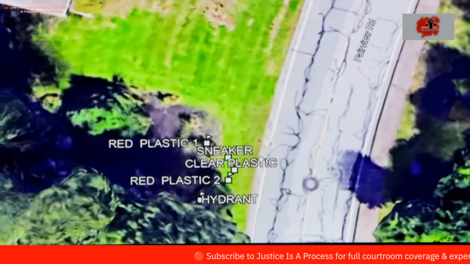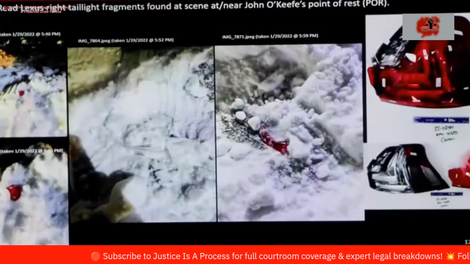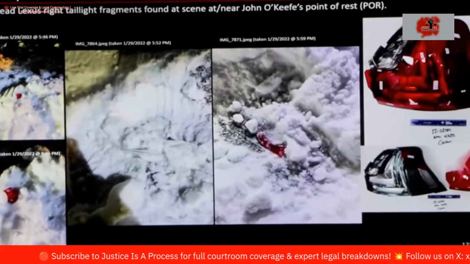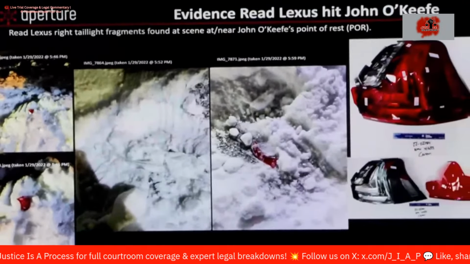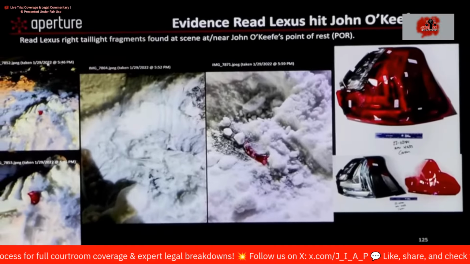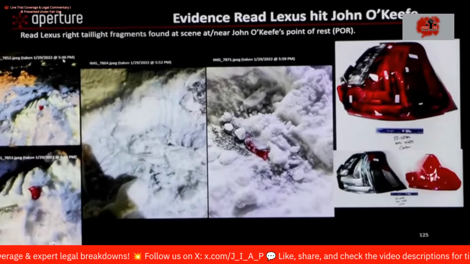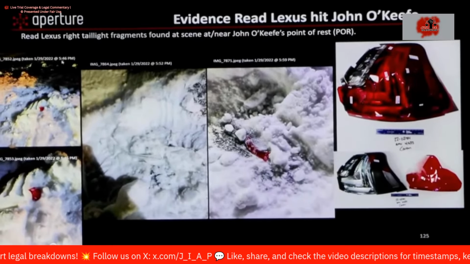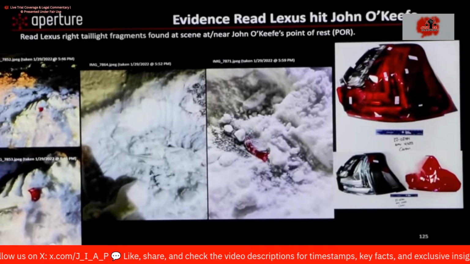There was a sneaker that was found near the curb. There were various fragments of taillight found in the snow on the morning of the incident, as to the afternoon of the incident. Could you zoom in on those photos so that we can see the dates? The date? Yes. Oh, sure.